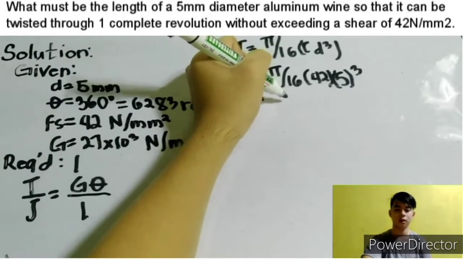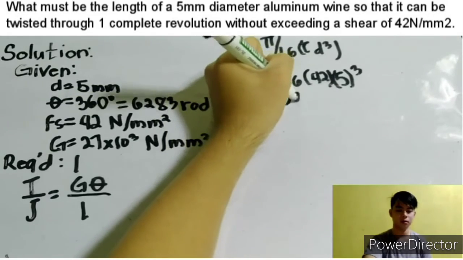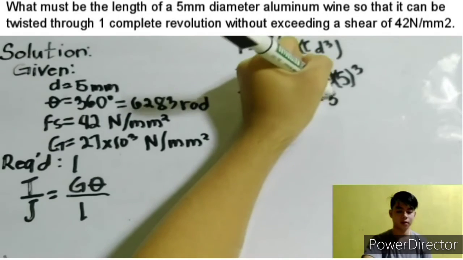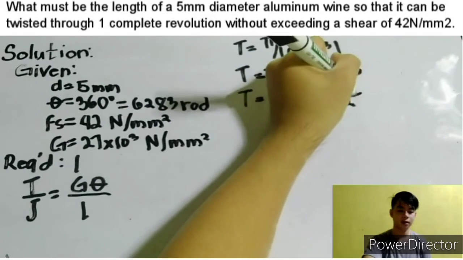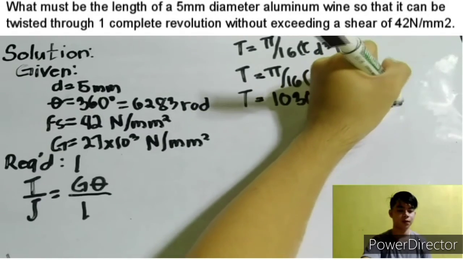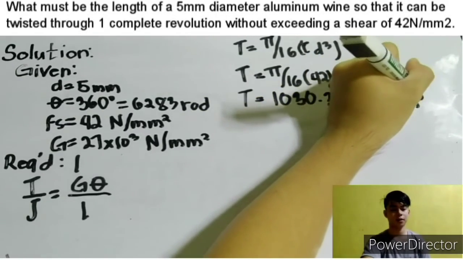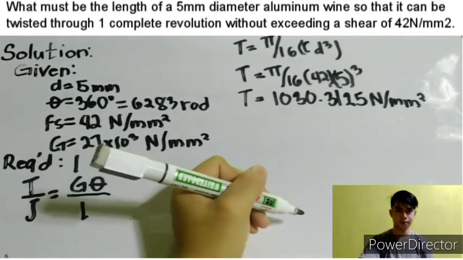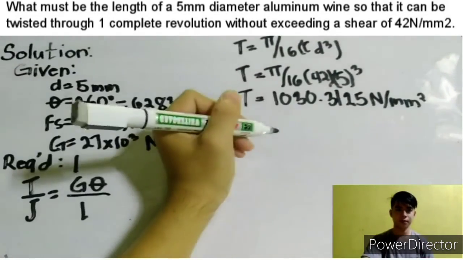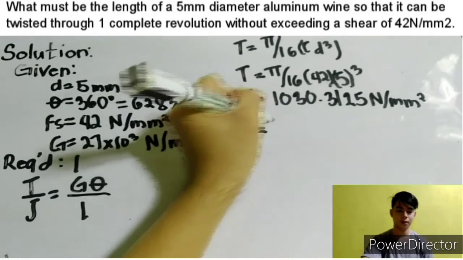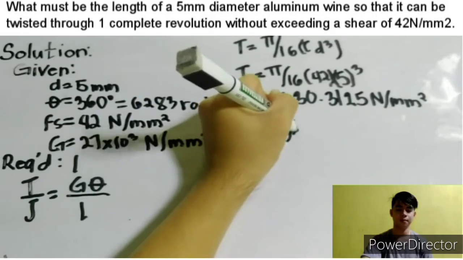So T is equal to 1030.3125 Newton millimeter.